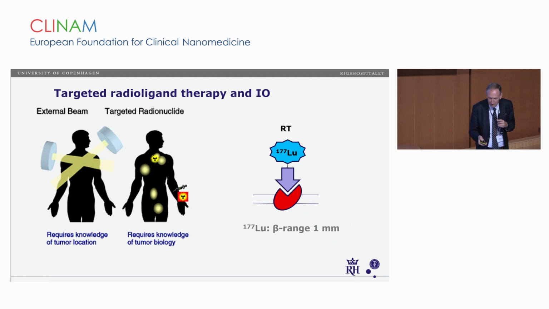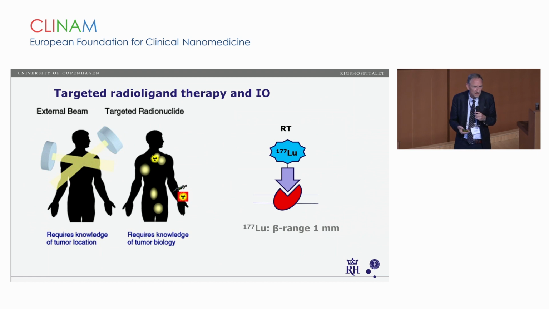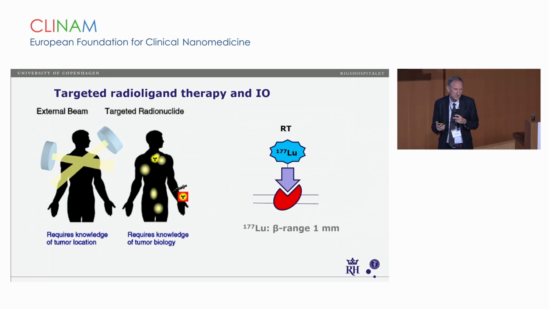So radioligand therapy is radiation therapy that you inject, then it seeks out the tumor, it sits there, it's excreted from the remaining body, and then it sits there for days and irradiates with a short range, either a millimeter if it's beta or even down to a couple of cells only if it's alpha therapy.